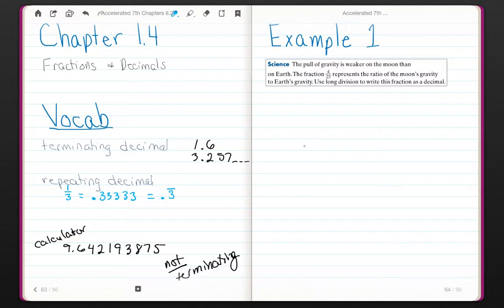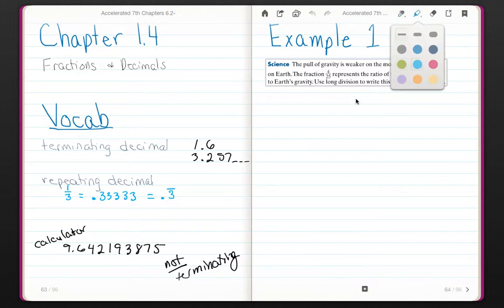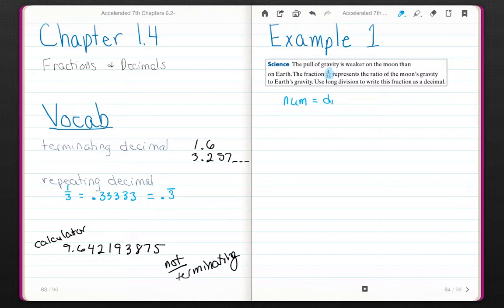The pull of gravity is weaker on the moon than on Earth. The fraction 4/25 represents the ratio of the moon's gravity to Earth's gravity. Use long division to write this fraction as a decimal. So, long division. The numerator is the dividend.